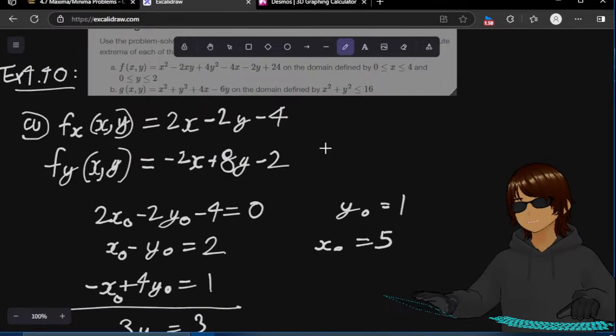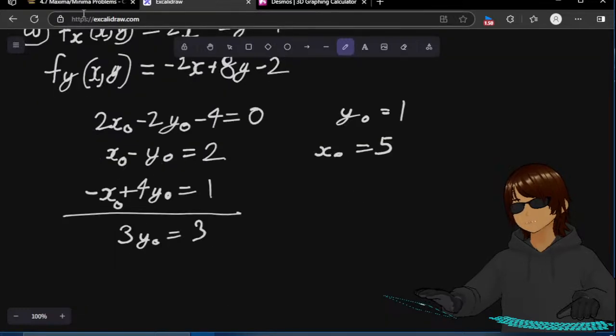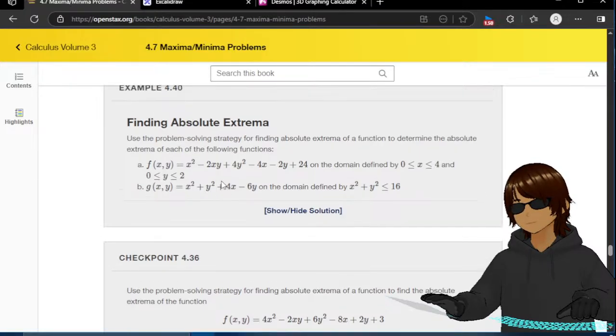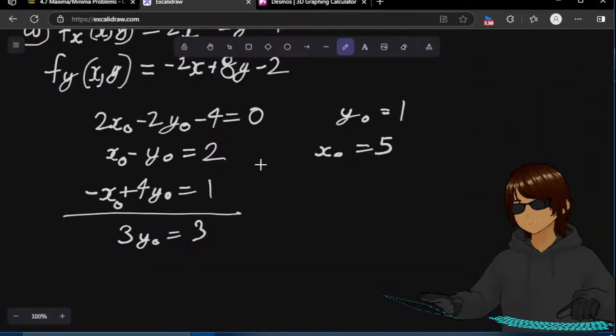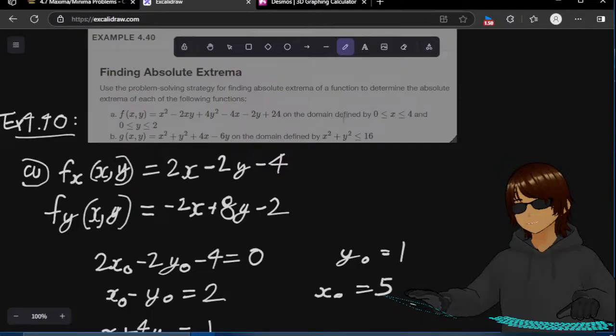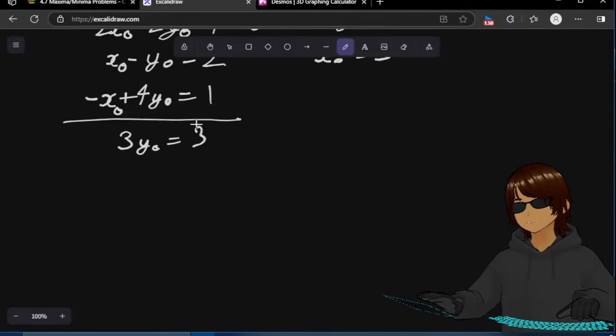Okay, so what are the boundaries of x and y? Hold on. We have 0, 4 and 0, 2.